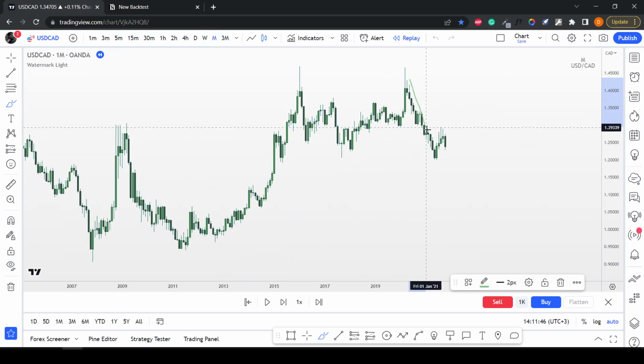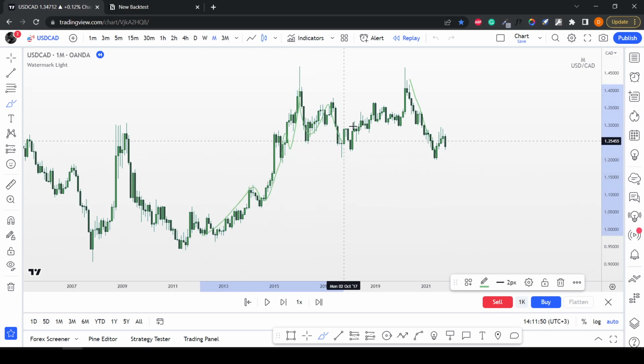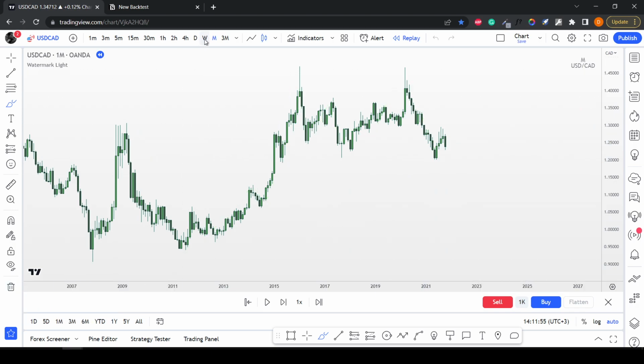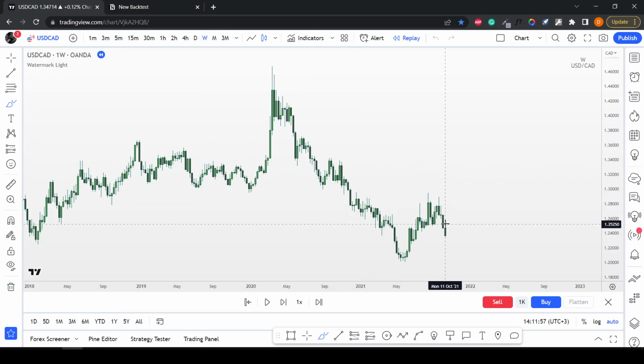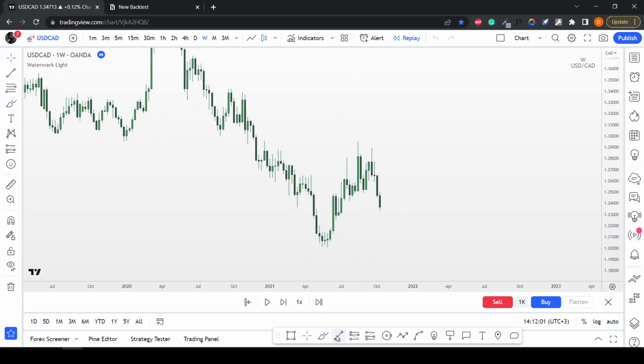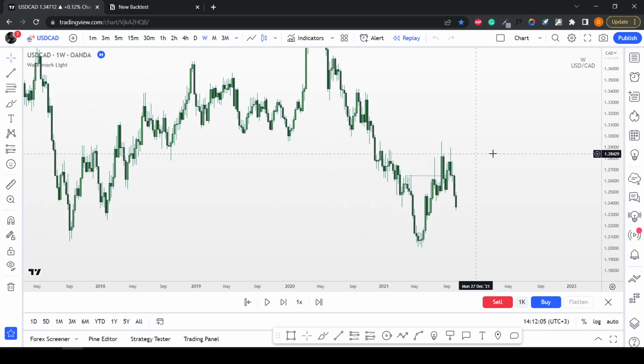So 1 month is in a bearish impulse after bullish price action, so maybe it's just a really deep redistribution, we don't know, and it does not tell us anything too much. And weekly recently shifted bullish, and it could be two things.